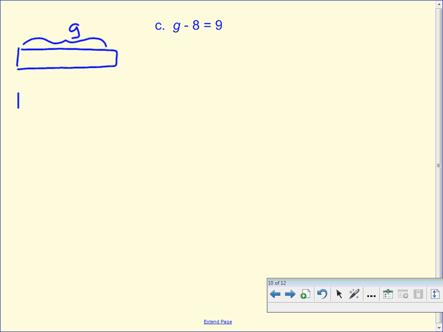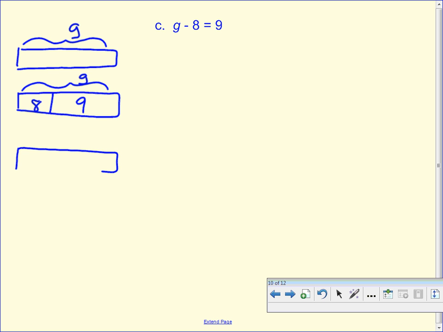That's G. So now I have G that has minus 8. So what's that? 9. So what is 8 plus 9? 17. So G equals 17.